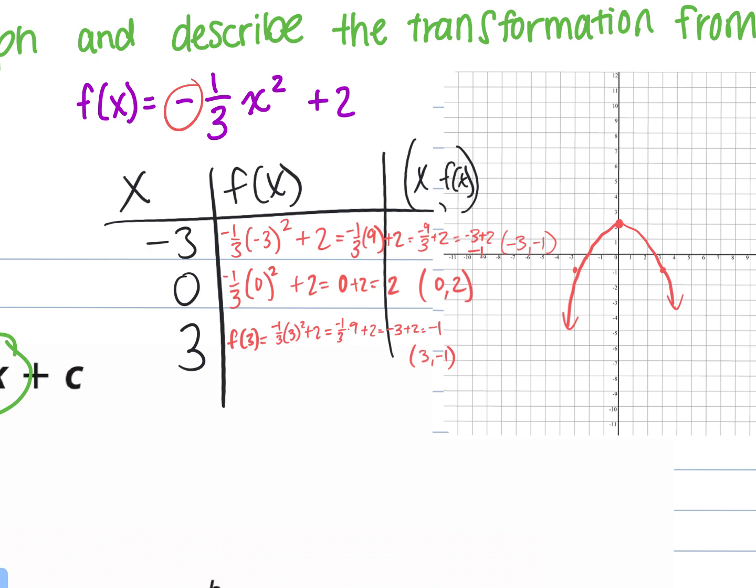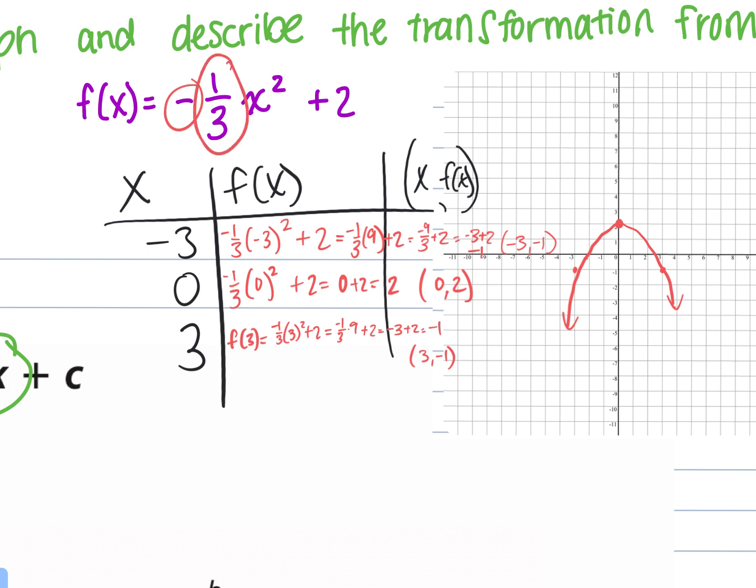Would you guys agree, isn't it a bit wider than what we're used to with our standard parabola? Why did it get wider? David? +2. Not the +2. That's a different transformation. It is a transformation, though. You are correct. But what transformation? Why did it shrink?